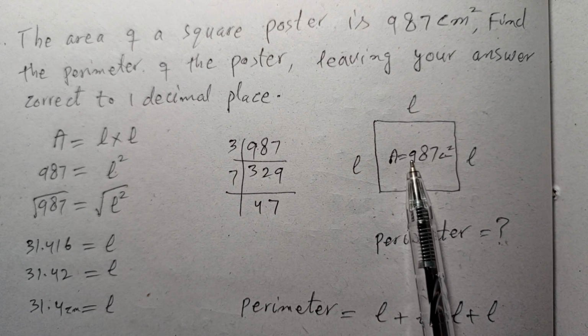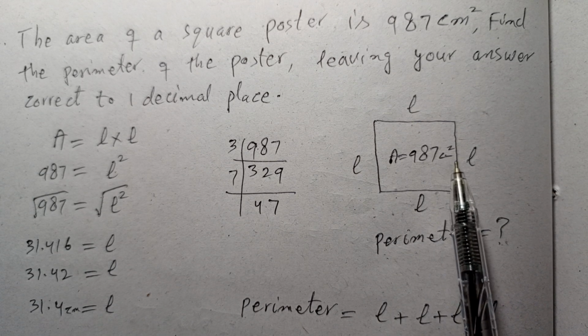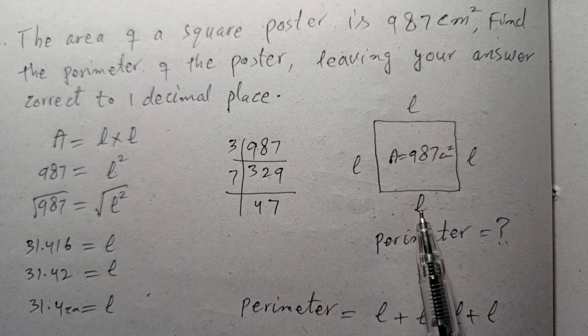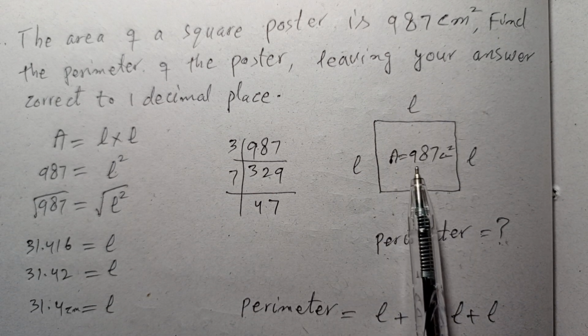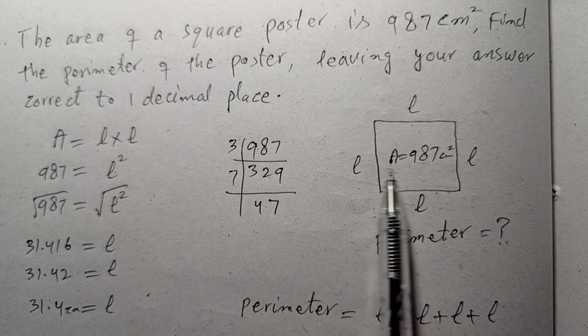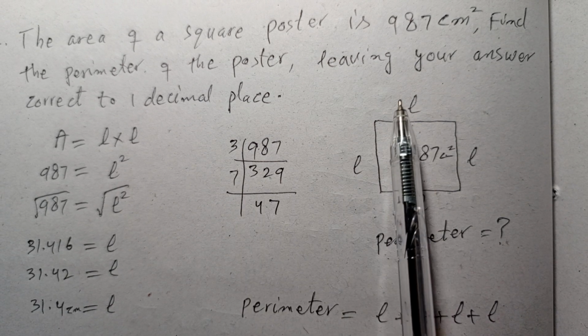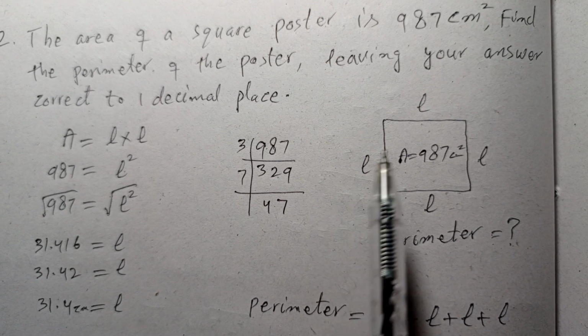So area of a square poster is 987 centimeter square. This whole place is called the area of this square poster. If we want to find its area, we will apply the formula of area. We will multiply any two lengths to find its area.